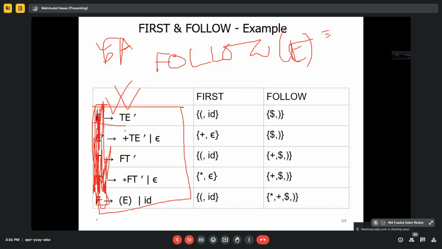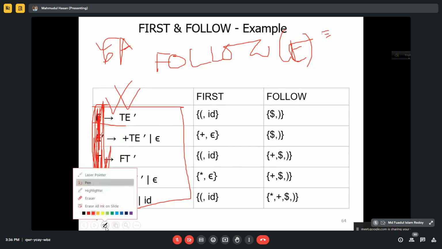How many E are in the right hand side? No, just 1. And where is it? At the last. Yes, this one.